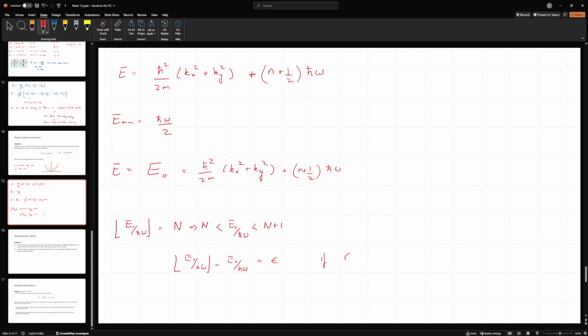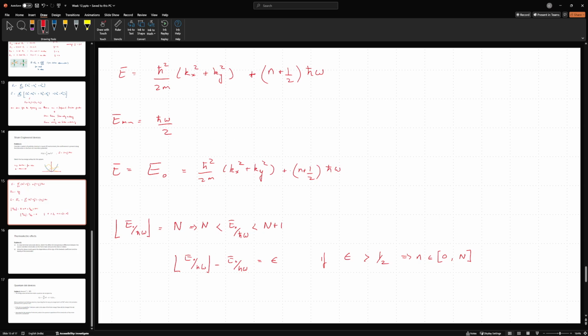Now, if epsilon is greater than half, then I can have small n. n can vary from 0 to capital N, because whatever is left, that is above half, n plus the capital N plus half will still be less than E naught.